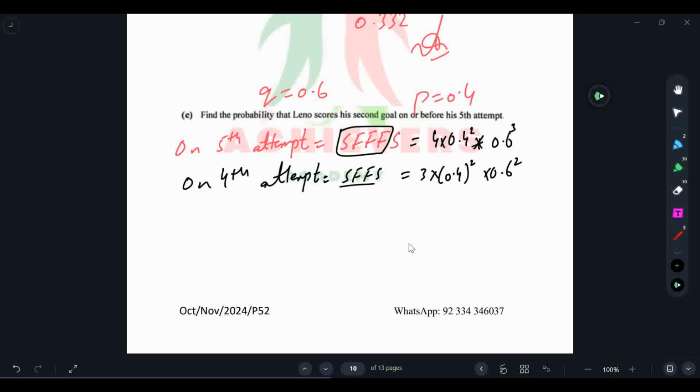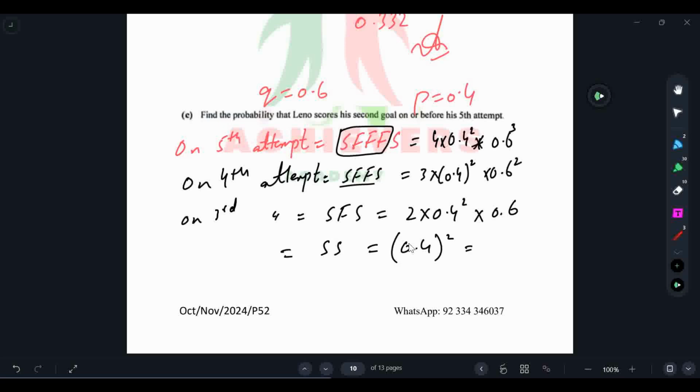Now on the third attempt, this will be equal to 2 multiplied by 0.4 square multiplied by 0.6, and the last one, that he scored on the second attempt, so this will be 0.4 square.